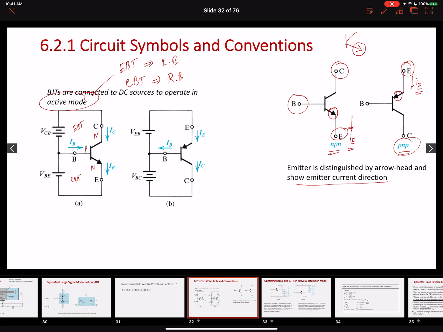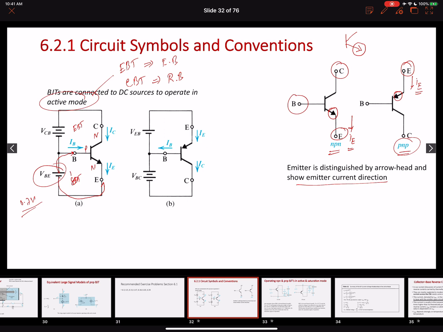If I have to forward bias the emitter to base junction, I will make the base at a higher potential compared to the emitter, and it needs to equal or exceed 0.7 volts to forward bias the emitter to base junction.